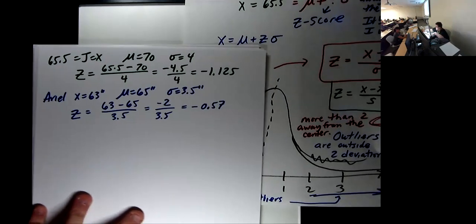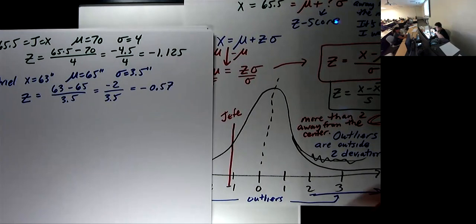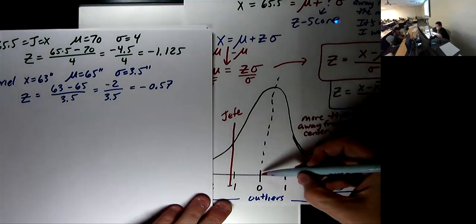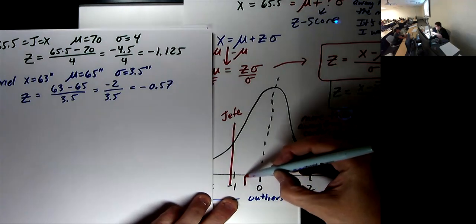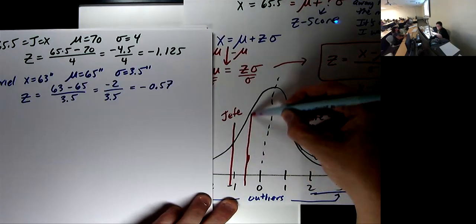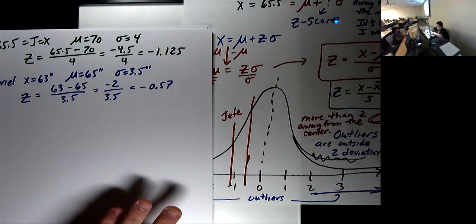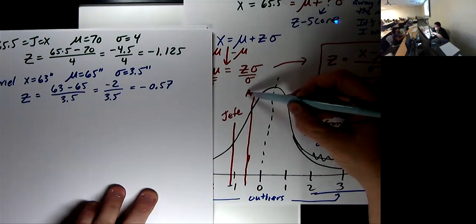Which means when I come over and put Ariel on here, Ariel is about halfway between the 0 and the -1, but a little bit closer to the -1. Ariel is there.